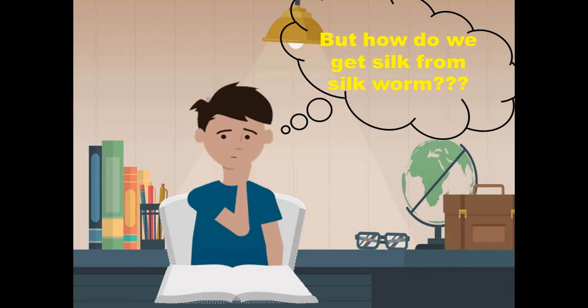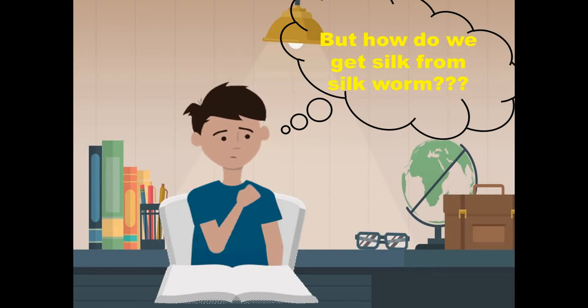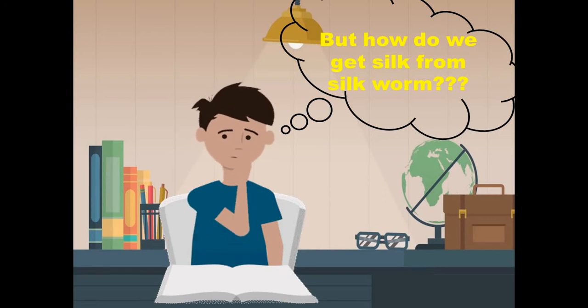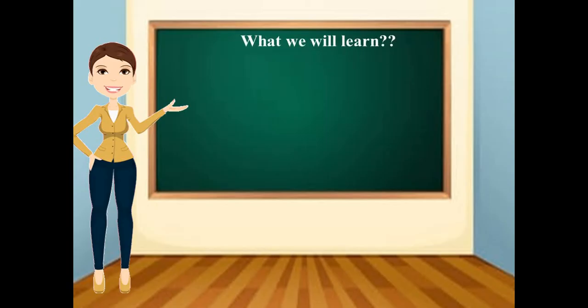Now you must be wondering, how do we get silk from such tiny creatures? For that, first of all, we have to know some basics. Let us see then one by one. So today we will discuss at first the life cycle of silkworms.